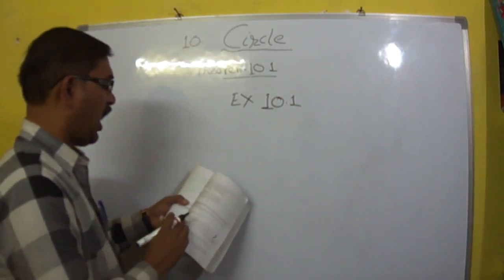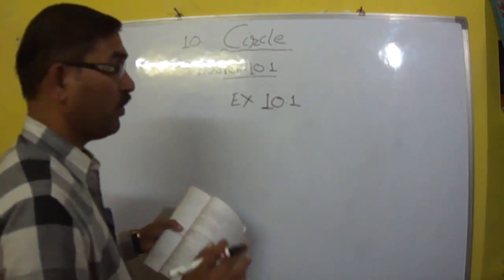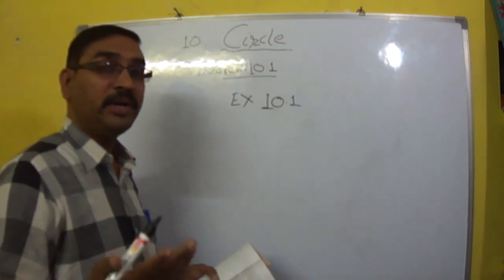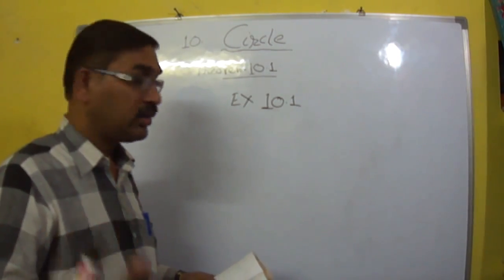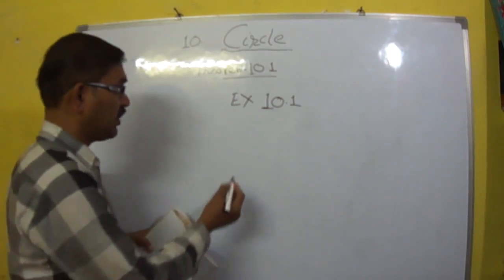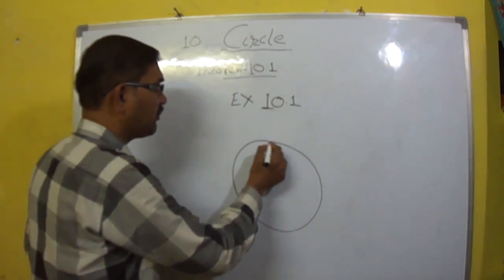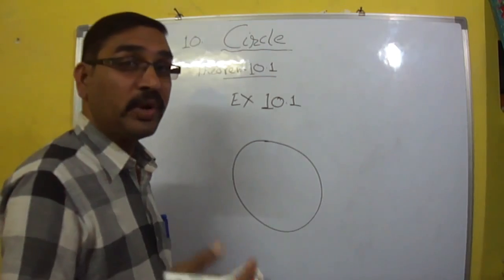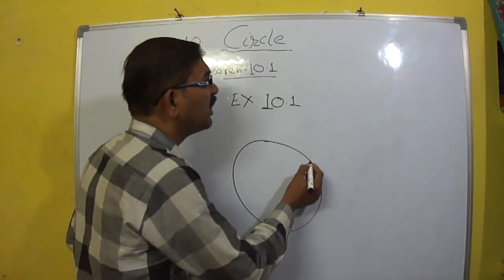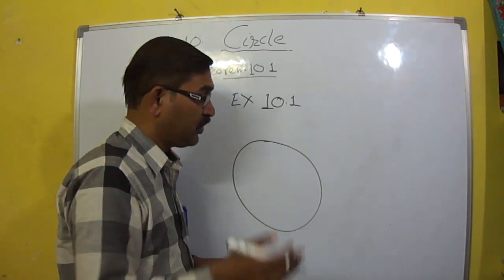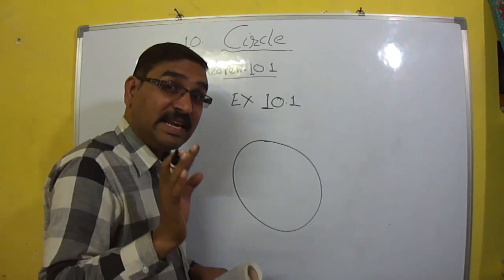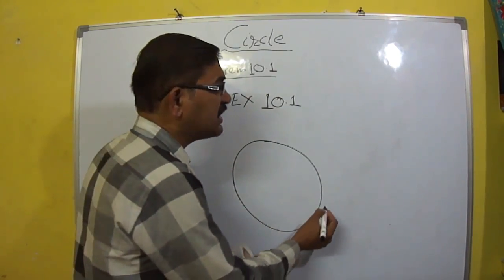Now exercise 10.1. How many tangents can a circle have? Do you know how many tangents you can draw on a circle? Suppose this is a circle. How many tangents you can draw on this circle? I have already said that you can draw a single tangent at a single point on the circle.